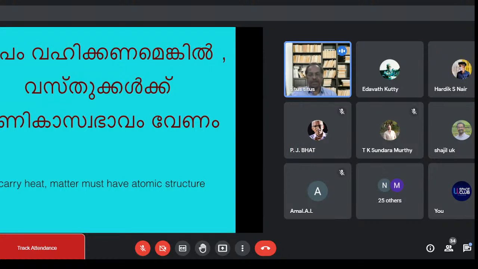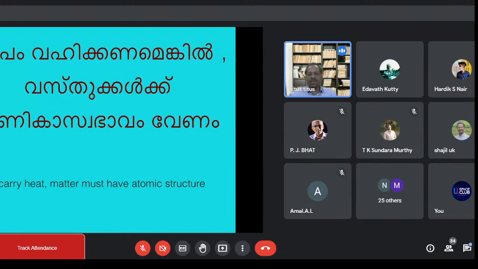So let me repeat my statement. If any body has to carry heat, it must have an atomic structure. Without an atomic structure, no body can carry heat. This is the reason why Boltzmann put forward the atomic theory. Or we can put it that to carry heat, matter must have an atomic structure.